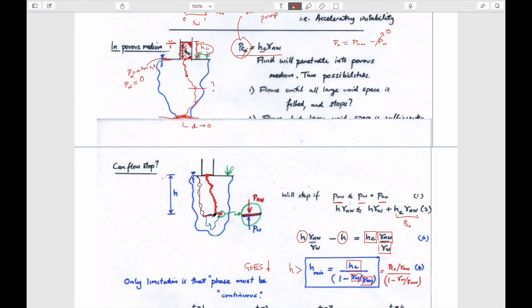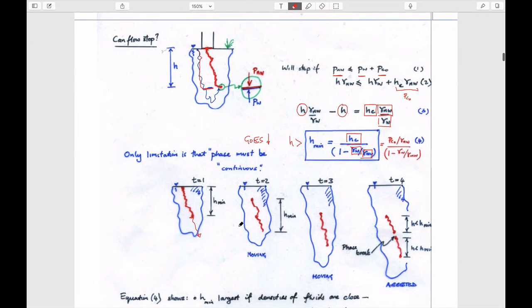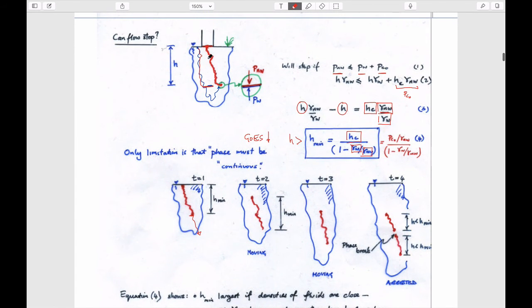So in other words, you're having to overcome this extra amount in this particular case. As a result, we can say two things. One is that this length has to be longer for it to start moving. And the other is that even if it detaches from here, if you've emptied out this barrel and it now pinches off at the top and moves down as a ganglion, so long as it's as large as h min, it'll just keep on going.